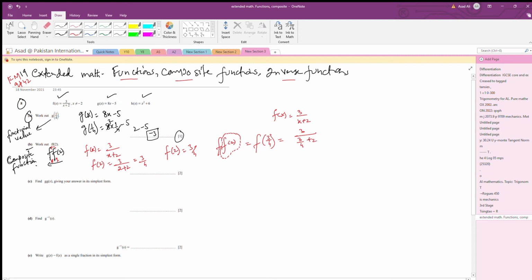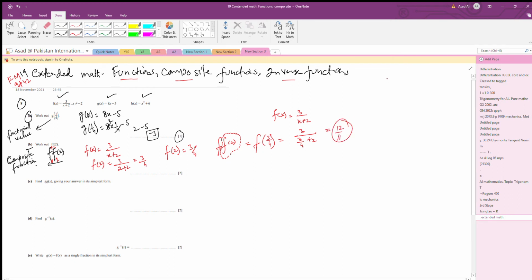So we get 3 over (3 over 4 plus 2). You can use a calculator here. I enter 3 divided by, 3 over 4 plus 2, and my result is 12 upon 11.